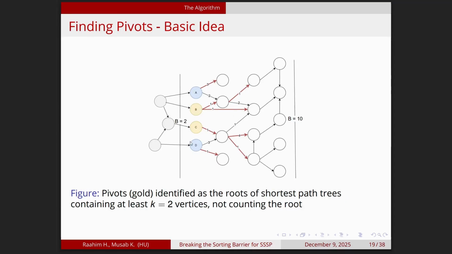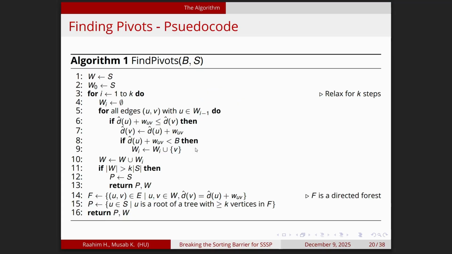So from our four sources, only two sources are the roots of such trees, and these become our pivots. So to find the shortest paths in the rest of the subproblem, we only need to consider these two nodes, and do our work from these two nodes, and we don't need to consider the nodes A and D.